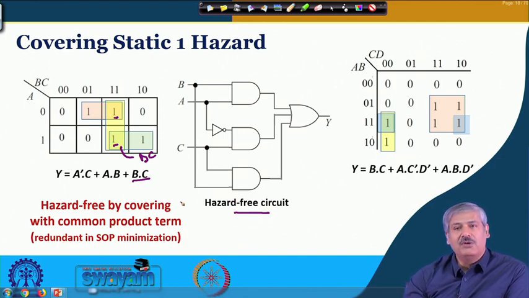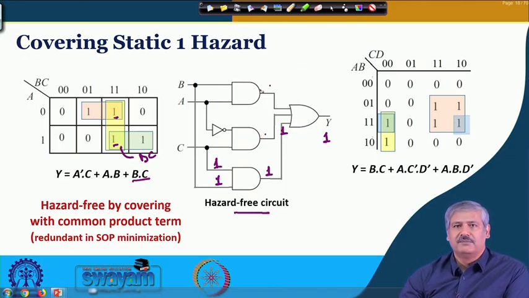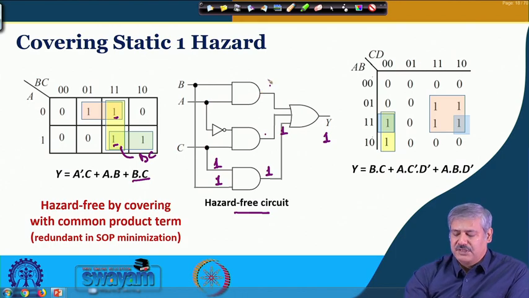So, when B and C are 1 and 1, that is when the glitch was there, right. So, B and C 1 and 1, what is happening? This is 1, this is 1. So, the output is held at 1, since you OR any output with 1, the output is 1, right. So, even if A changes from 1 to 0 and there are some changes happening over here, momentarily this is becoming 0 for some time, this is becoming 0 for some time.